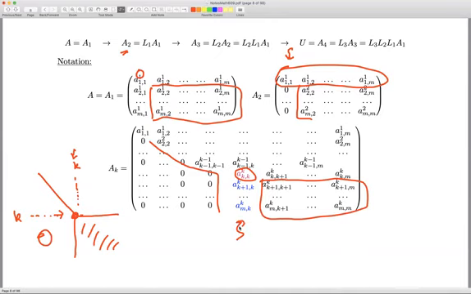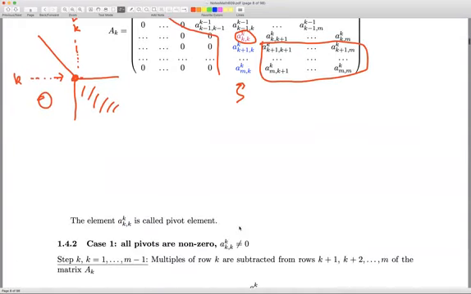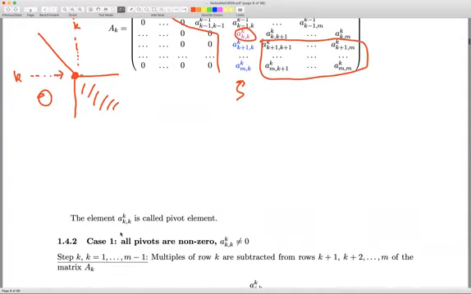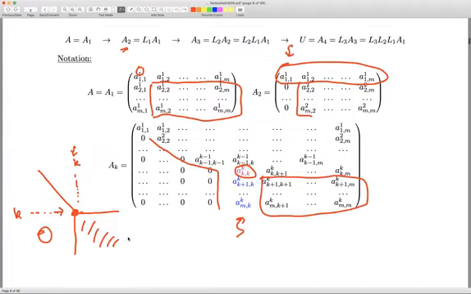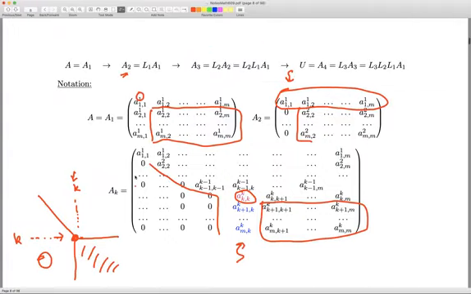So how do we do that? If we look at the first step, as I said, the element AKK is called the pivot element. At the first step, we want to make all these terms here 0.